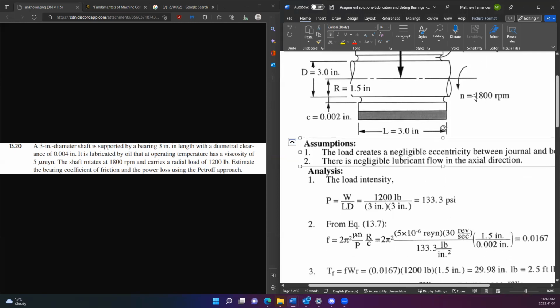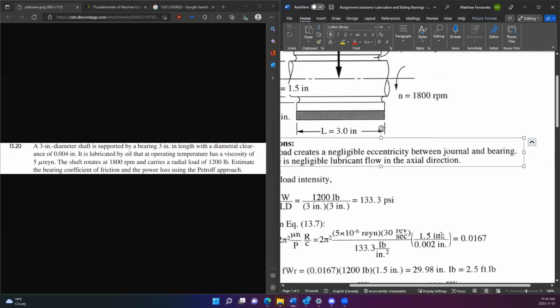Then you convert 1800 RPM divided by 60 to get 30 revs per second. Your P value is taken from here. Then 1.5 is the radius, so 3 divided by 2, and 0.02 inches is your clearance: 0.04 inches divided by 2 equals 0.02 inches on each side. When you put all the values in your calculator, you get 0.0167 as your f value.